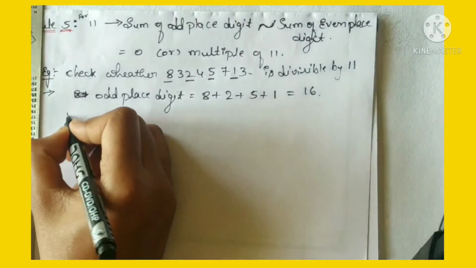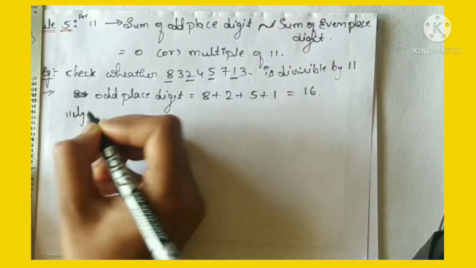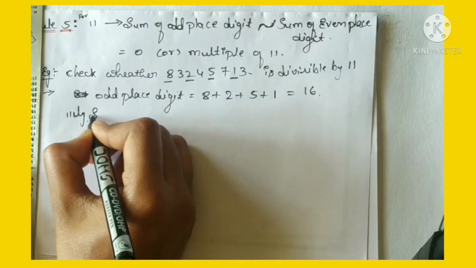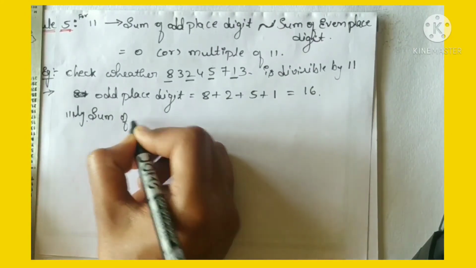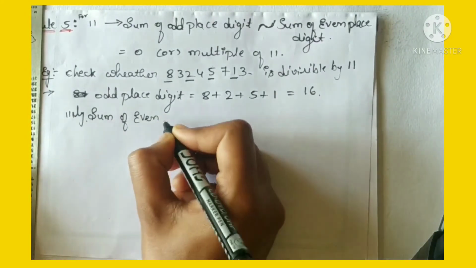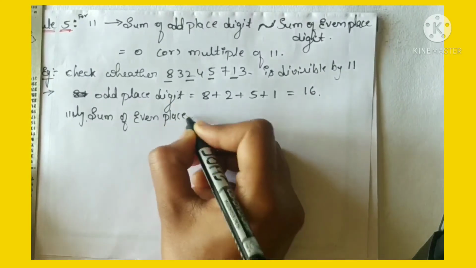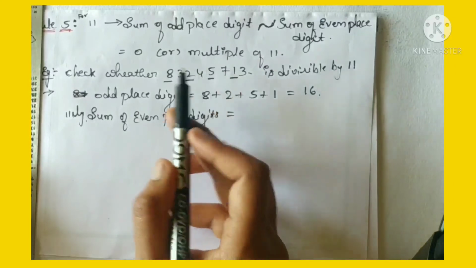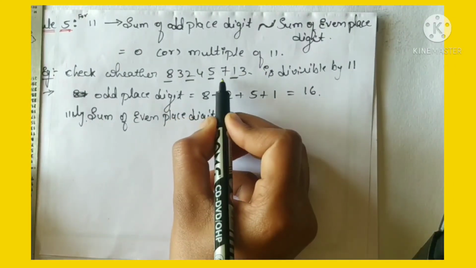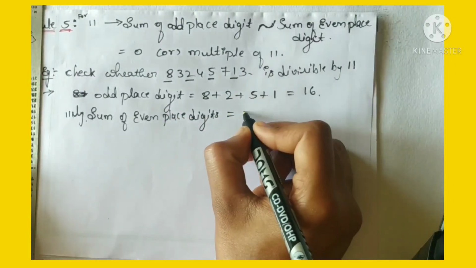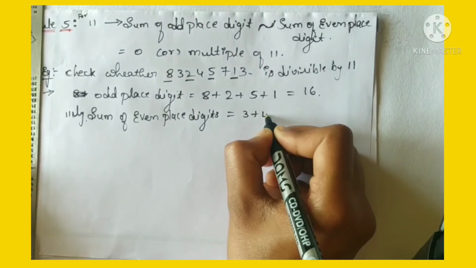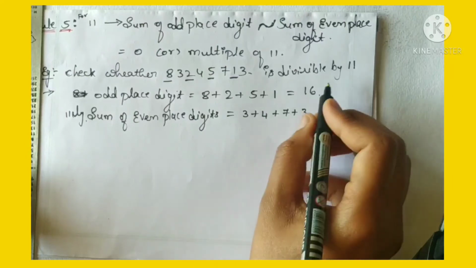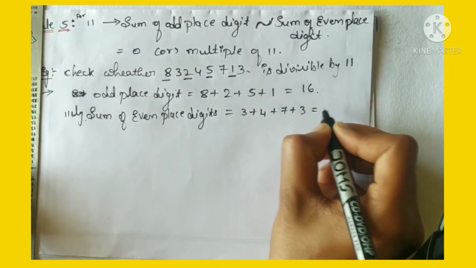Similarly, I will do the sum of the even place digits. What are the even place digits here? They are 3, 4, 7 and 3. I just add those numbers, 3 plus 4 plus 7 plus 3, and the sum is 17.